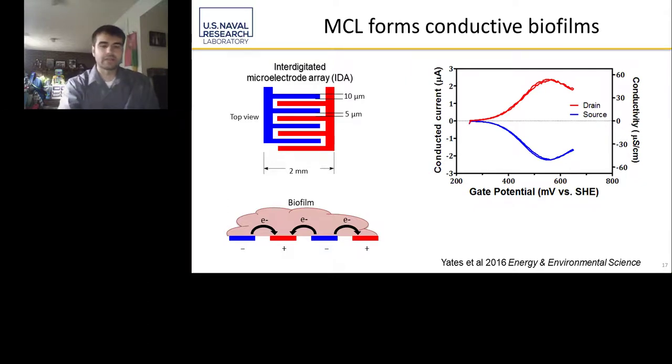So on the left side of the slide, you see a diagram of what these IDAs are. They're basically two comb-shaped electrodes that are mixed together, kind of like interdigitated. They're like when you stick your fingers between each other, but there's a very defined gap of 5 micrometers between these two electrodes, and these form a sinuous path that goes back and forth.